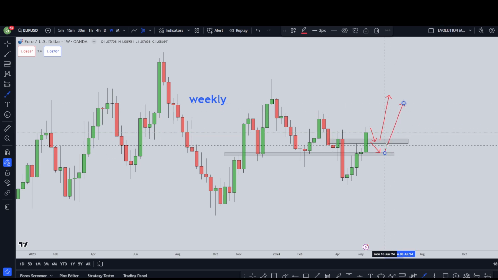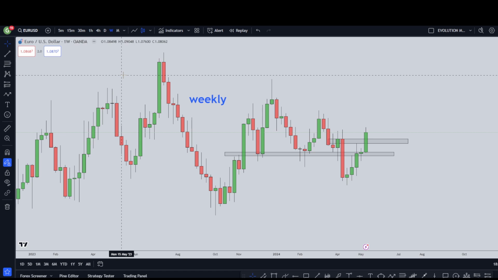Now, should it drop further down to this lower support area, it will be a formation of an inverted head and shoulders pattern, which is also a bullish pattern, indicating to us that price still has some bullish pressure, and so we could see price continue on its way to the upside.